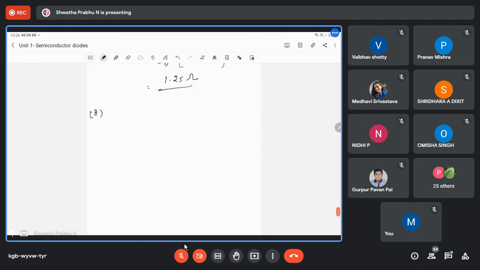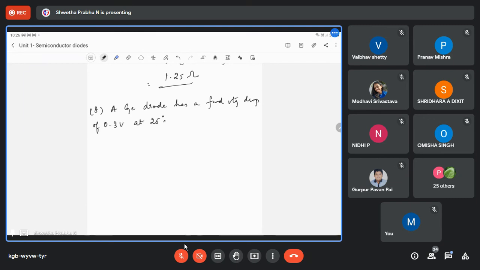8th question. A germanium diode, please copy the question. A germanium diode has a forward voltage drop of 0.3 volts at 25 degrees centigrade.